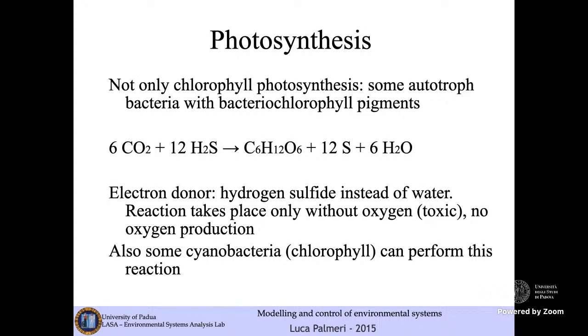Of course, we know that there is not only chlorophyll photosynthesis, but there are some autotroph bacteria with bacteriochlorophyll pigments, which may employ other elements as electron donors. In this case, we have a different biochemical process, photosynthesis with sulfur, in sulfuric conditions.